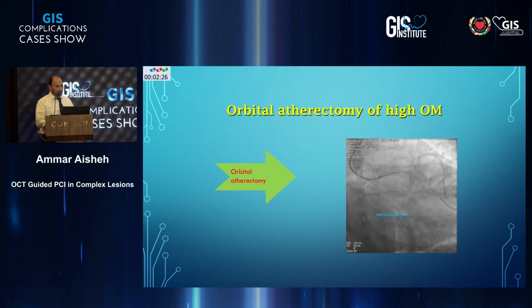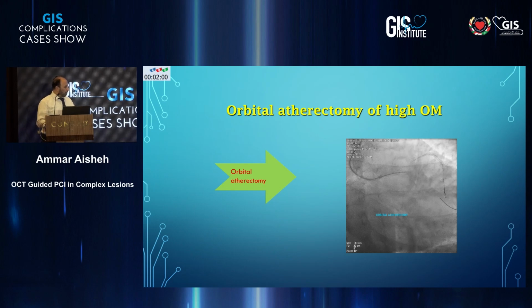There's an algorithm for calcific lesions. If you have calcium on angiography, then you go with your IVUS or OCT. If it's uncrossable, this is different from undilatable. There's a difference between an undilatable lesion and an uncrossable lesion. So you cannot cross it with anything, not even a 1.2 or 1 millimeter balloon. This is laser.